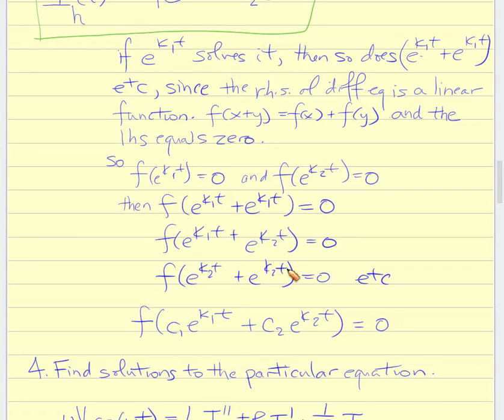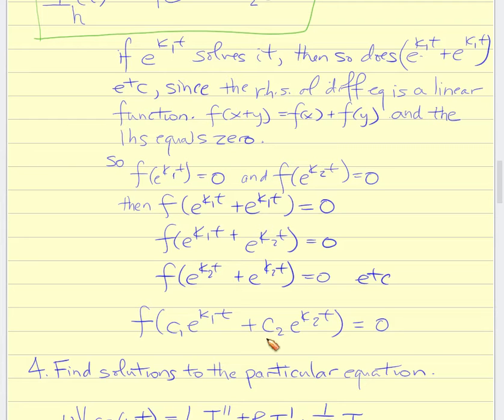So for our solution to capture all those possibilities, we have to have some linear combination of e to the k1t and e to the k2t. Now c1 and c2 are constants, but here we don't explicitly state what they are, and that's because what they are depends on the initial conditions of our circuit.